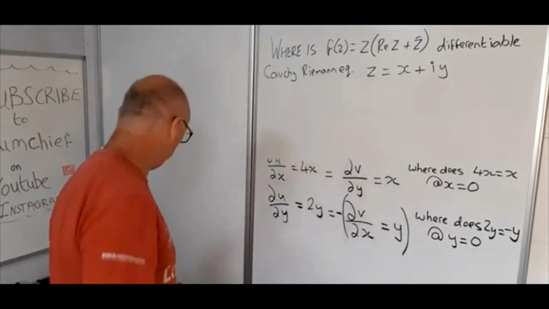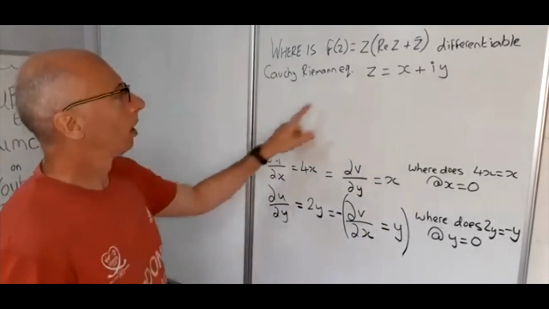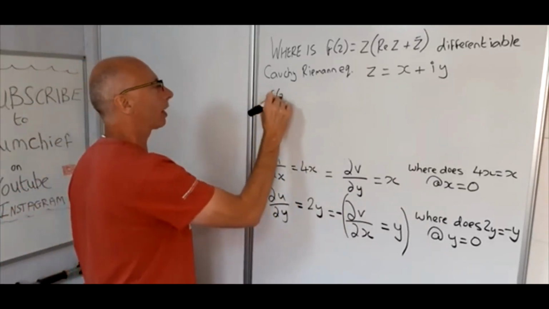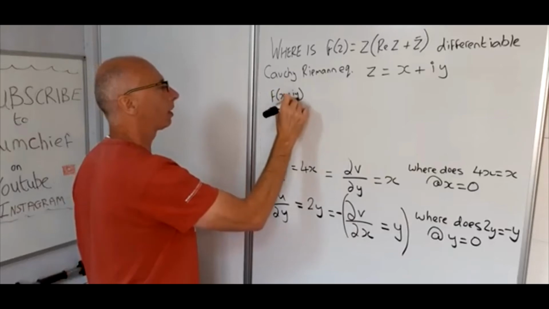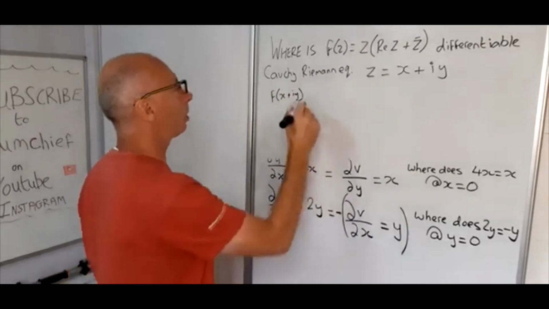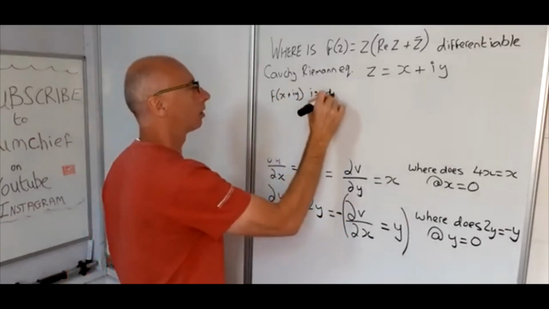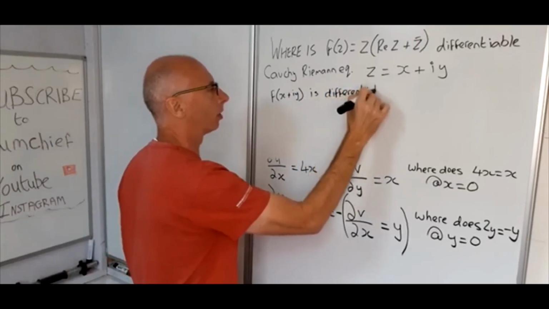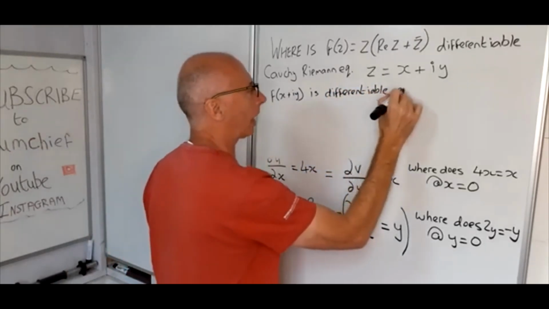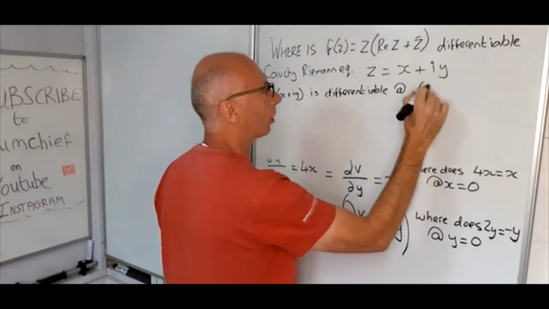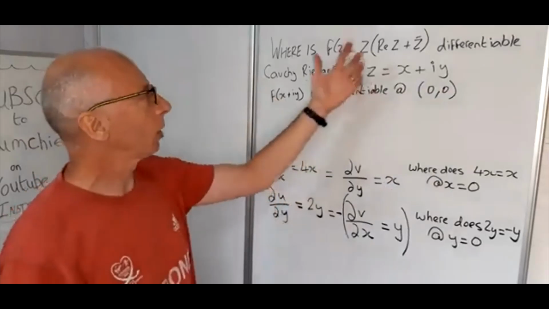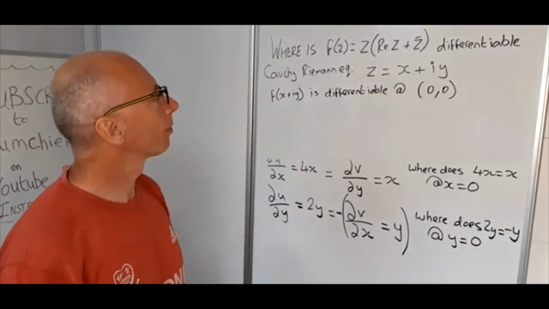So therefore, this function here, f of x plus iy, is differentiable at point 0, 0. That's the only place you can differentiate this function.